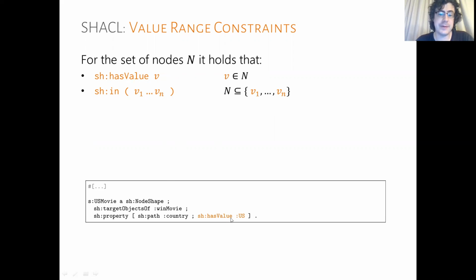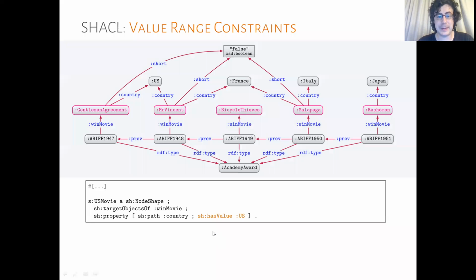So let's take an example of has value US, right? We already saw this, so we can go quite quickly. Essentially, we have our target nodes here, and we're saying that the country they're from must have value US. Otherwise, they will fail the US movie shape. So this one has country US, so that's fine. This one has country US, also France, but that's fine.